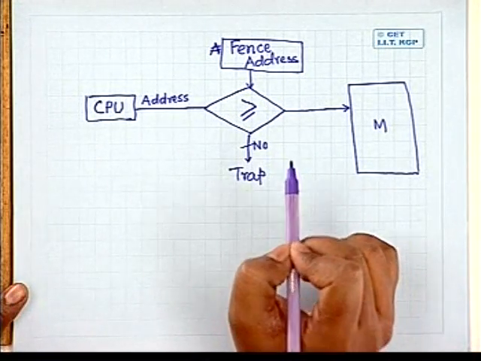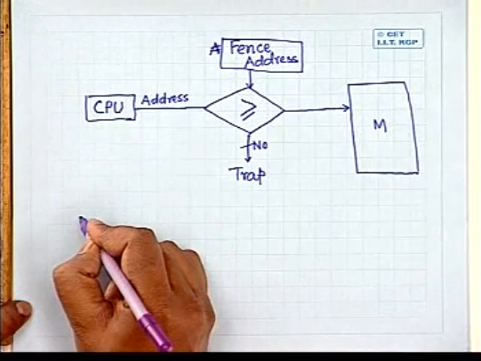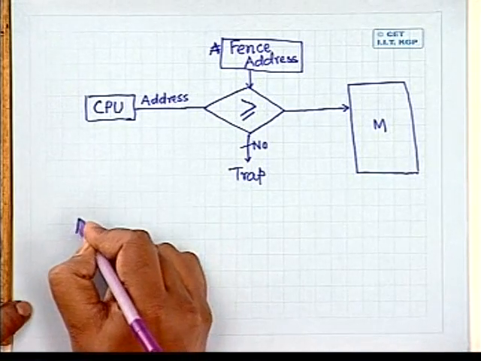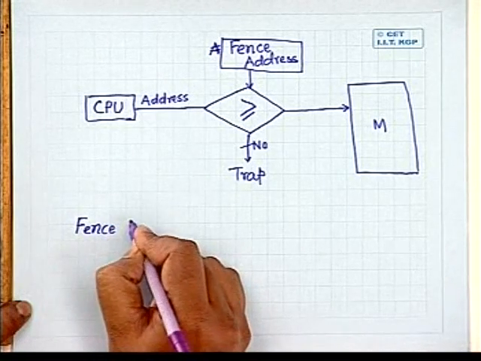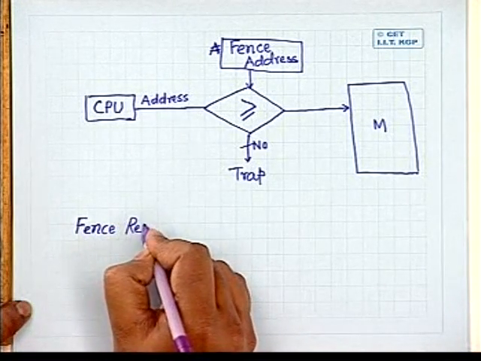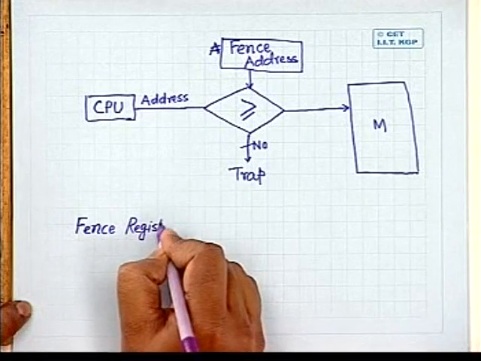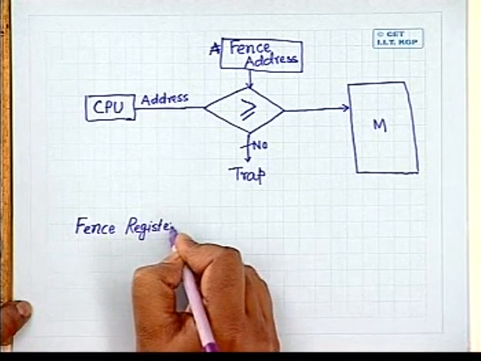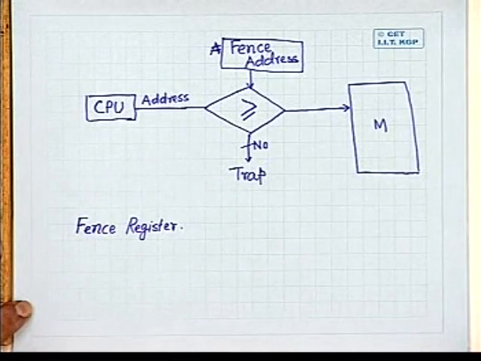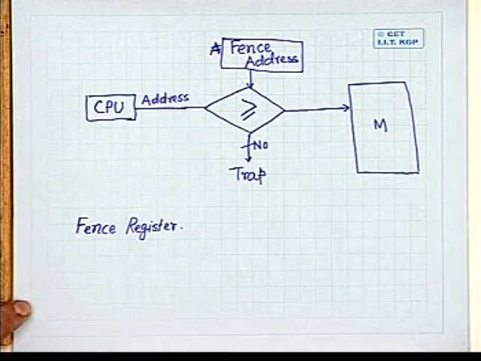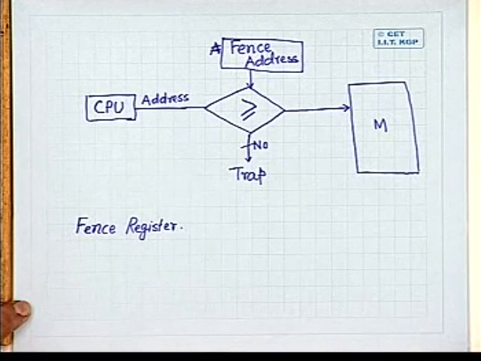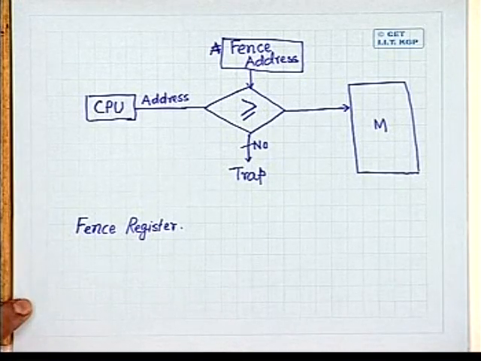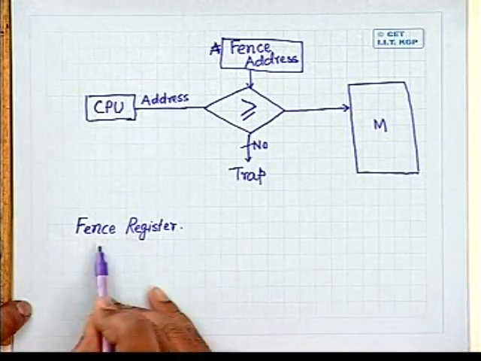So this fence address will be stored in a register which we will call a fence register. Whenever you upgrade the operating system, depending upon the memory requirement of the upgraded operating system, you have to reload this fence register.